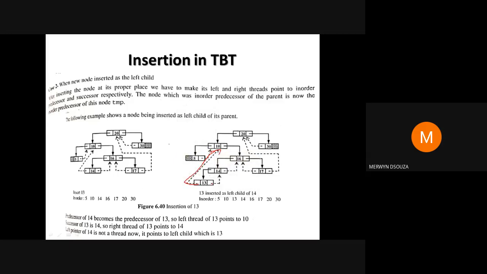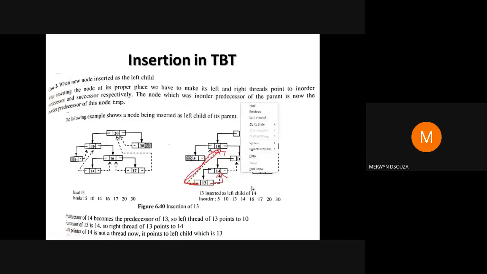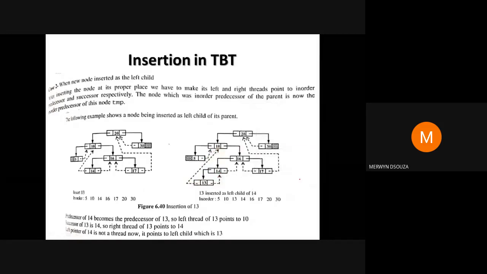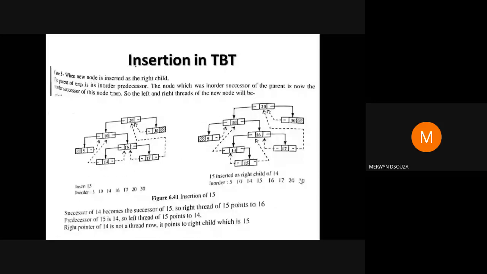Someone can do it, but then it is wrong. You cannot put solid arrows for threads. Make sure your threads are represented by dotted arrows. Okay, so till here this was insertion.